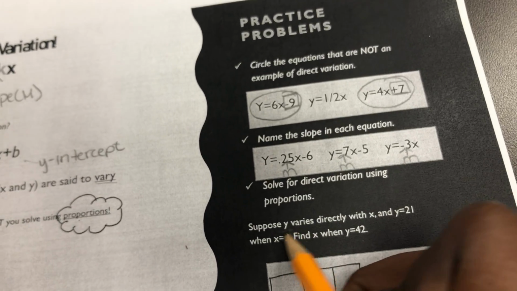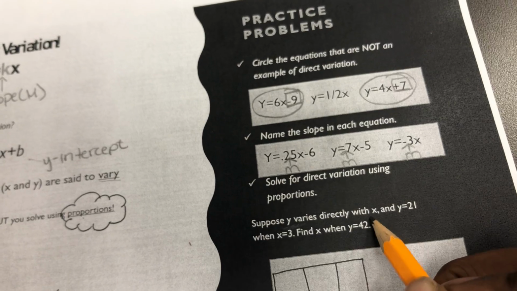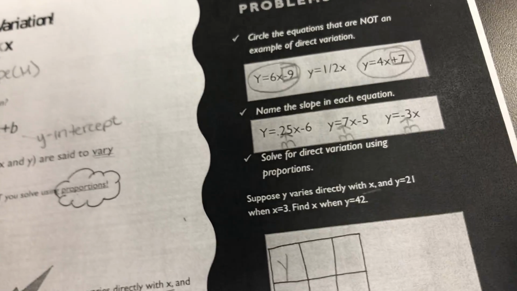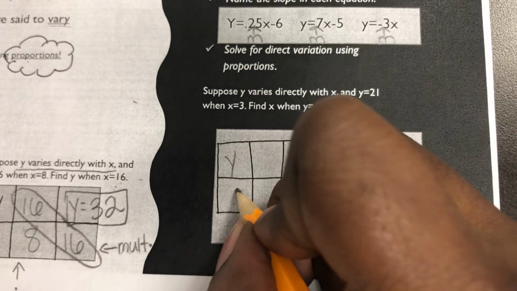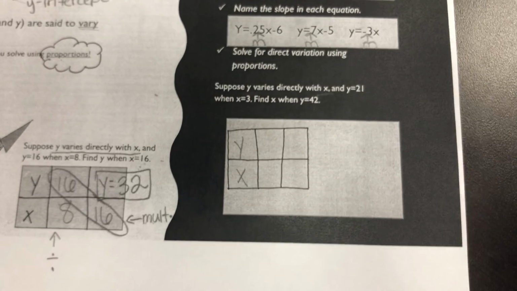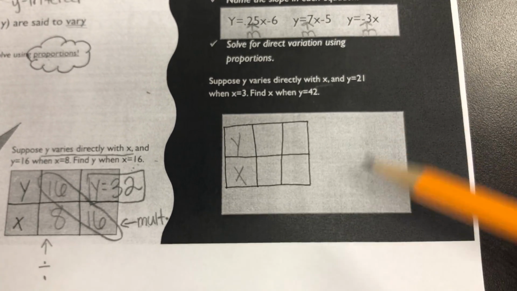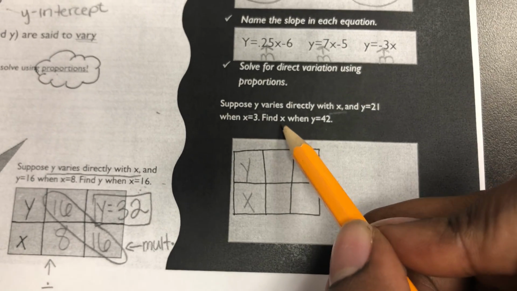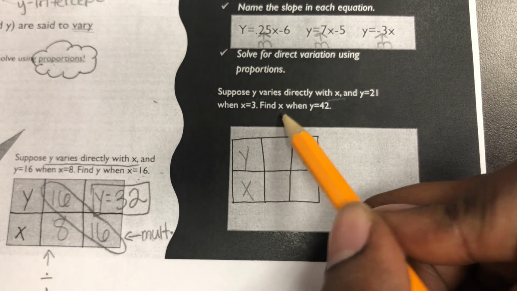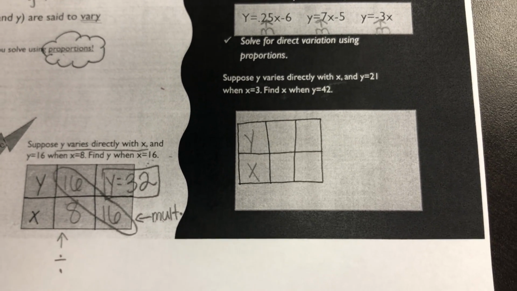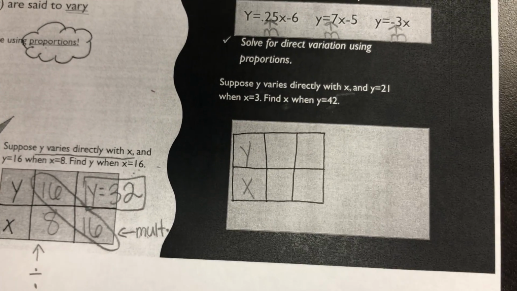So since they mentioned y varies directly with x, and they put the y first and the x second, y's all got to go on top, x's all got to go on bottom. So set that up, and then you have to cross multiply and divide to get your answer. Be careful though, because they say to find x when y is 42. So you're going to be missing an x. You're going to have to solve for an x. So we'll see what you get on there.